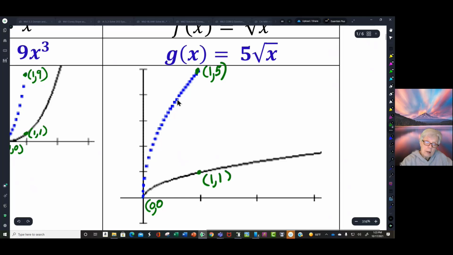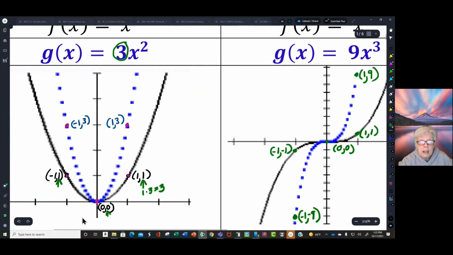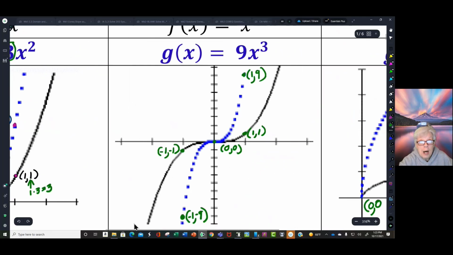Which is why this part, this stretch is stretched up and it's closer to the y-axis, which is one way you can kind of tell about vertical stretches. They are always or almost always closer to the y-axis. Here they certainly are.